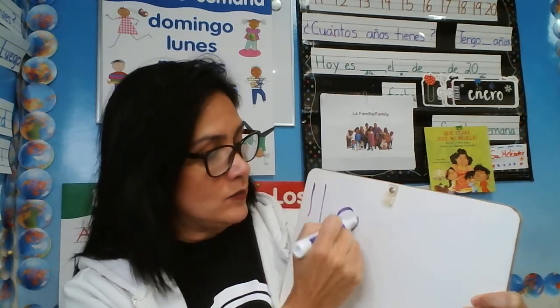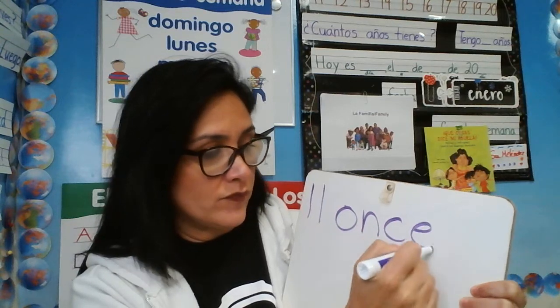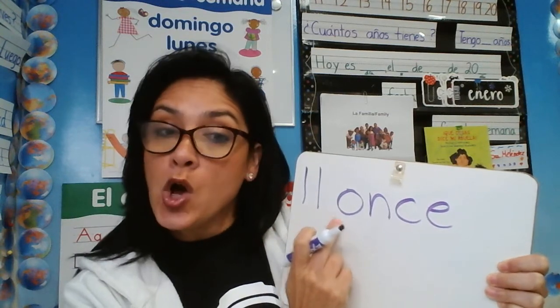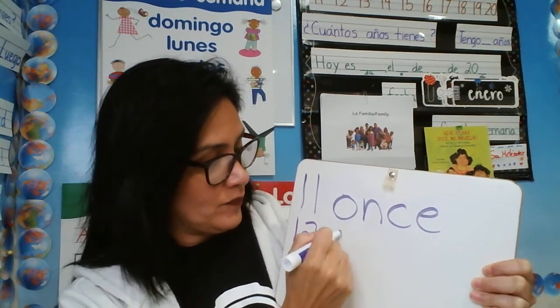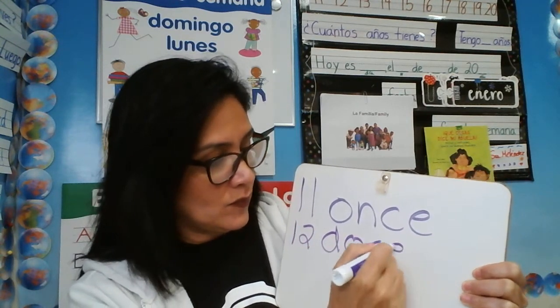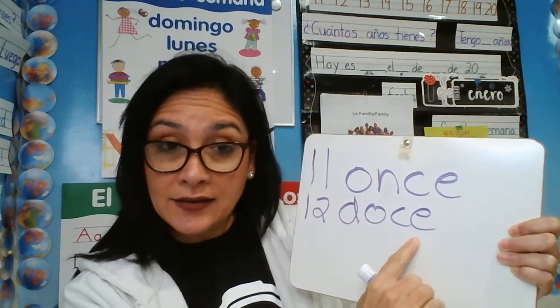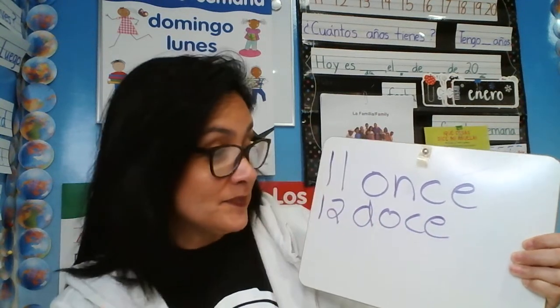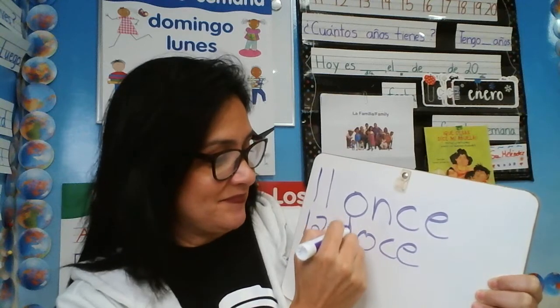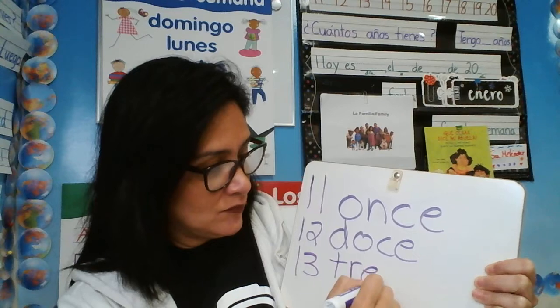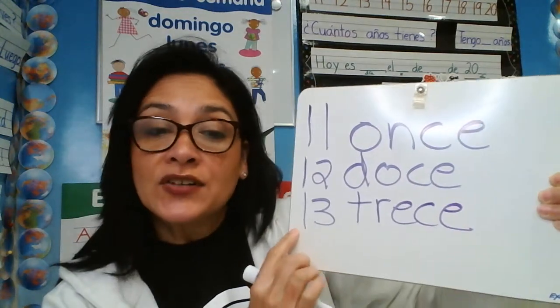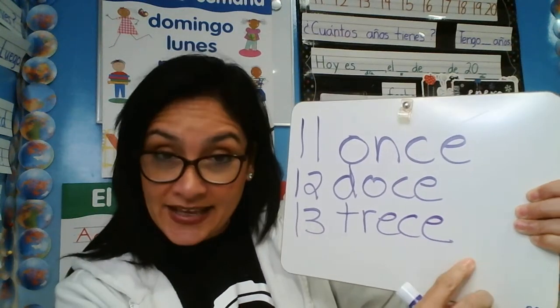I'm going to write numbers 11 through 15. Once. Doce. Trece.